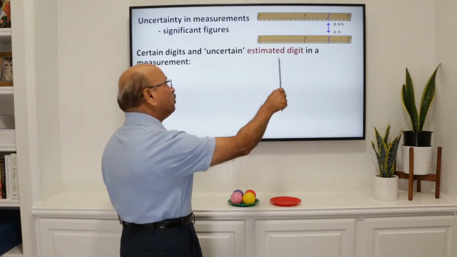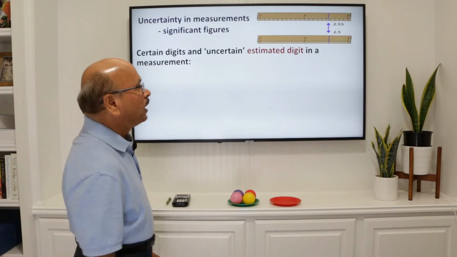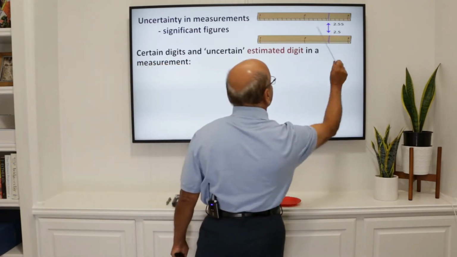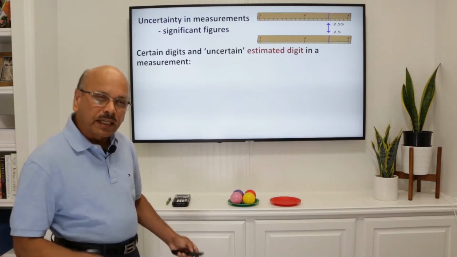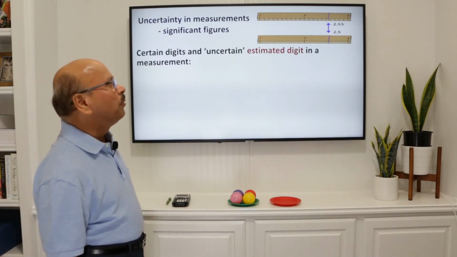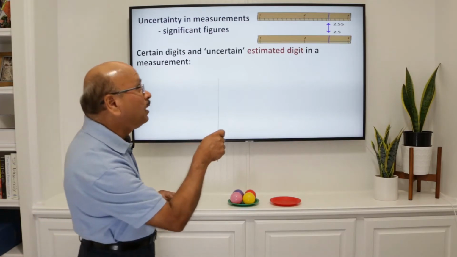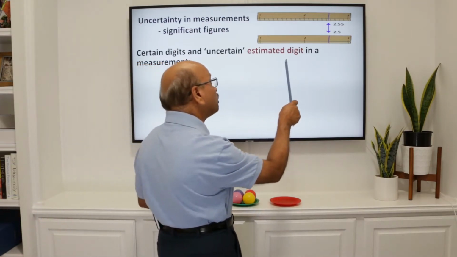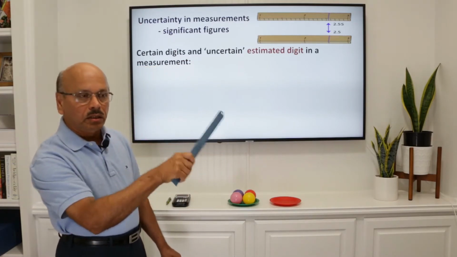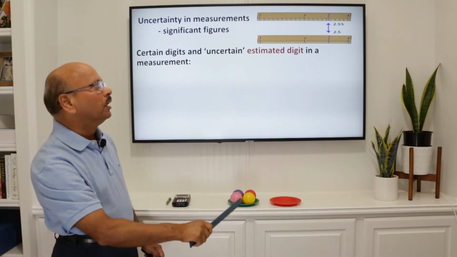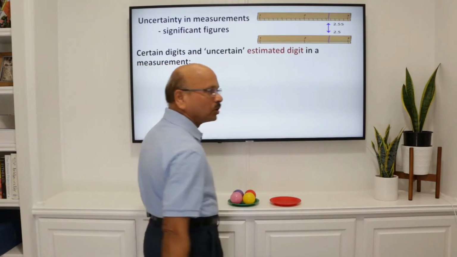So 2.5 is already known, or certain, and then they add the next digit, which is the estimated digit, 5. Some students, again critical minded, will say that maybe it's 4, so it should be 2.54. Again, the estimated last digit is uncertain, while the first two digits are certain.